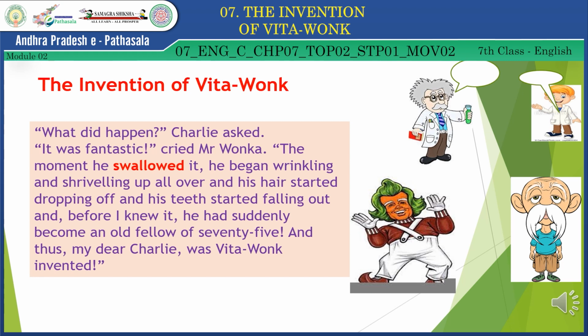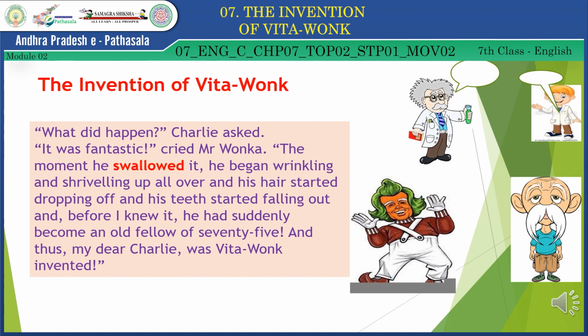So, when Charlie asks what the result was, Wonka gladly reports that the result turned out to be fine as the potion worked. The volunteer started becoming old with noticeable changes such as falling of hair, teeth, etc. He gets all the physical attributes of a 75-year-old.